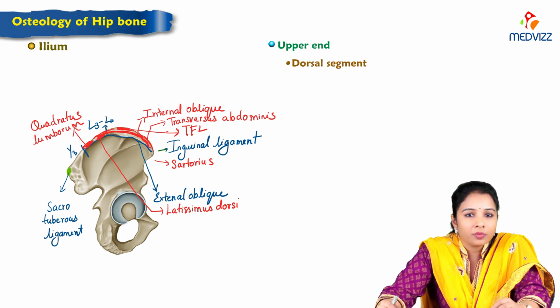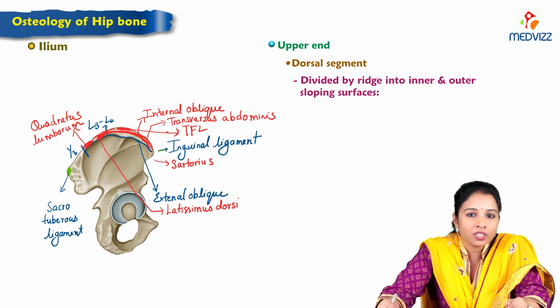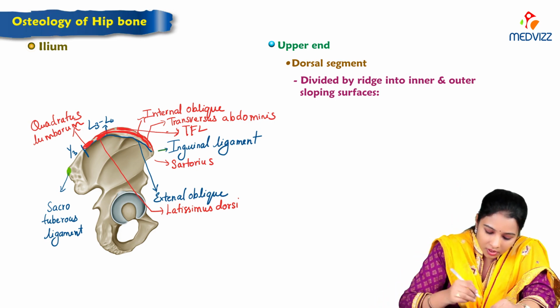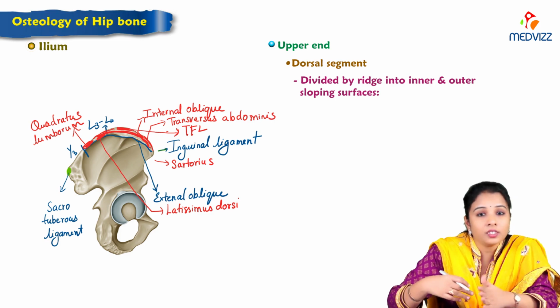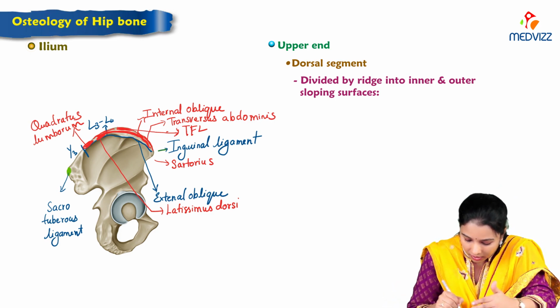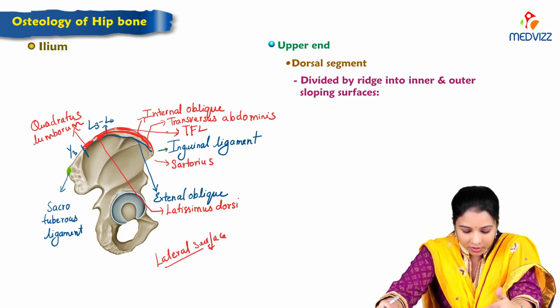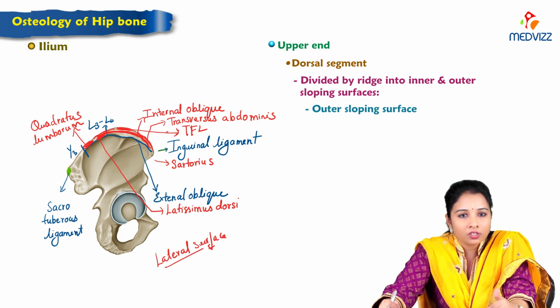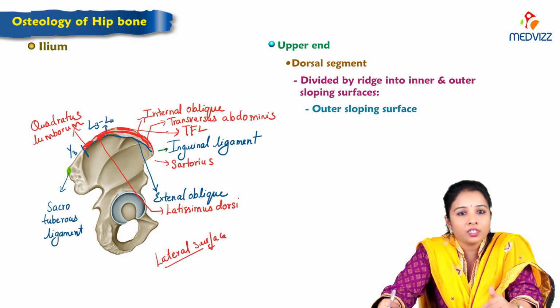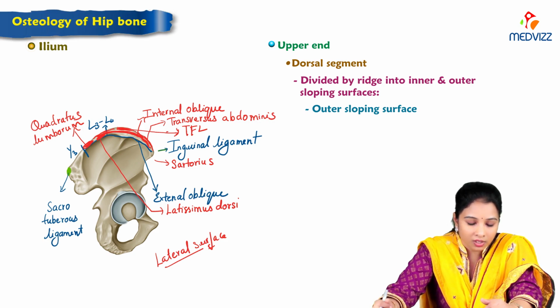Let's talk about the dorsal segment. The dorsal segment is divided by a ridge into inner and outer sloping surfaces. What we are seeing here is the lateral surface, so this is the outer surface. The outer sloping surface provides origin to the gluteus maximus muscle.